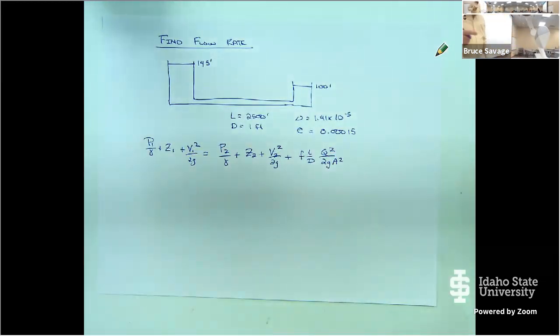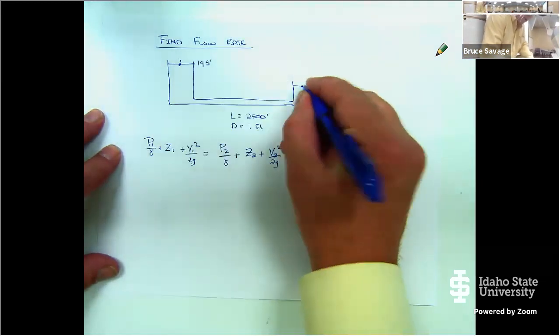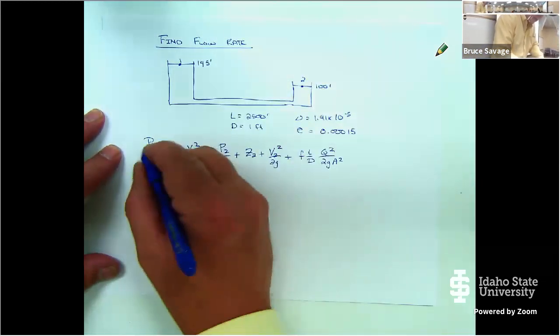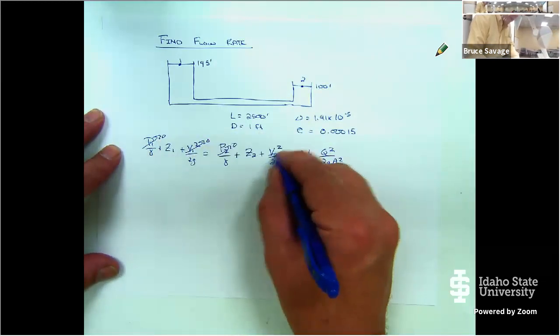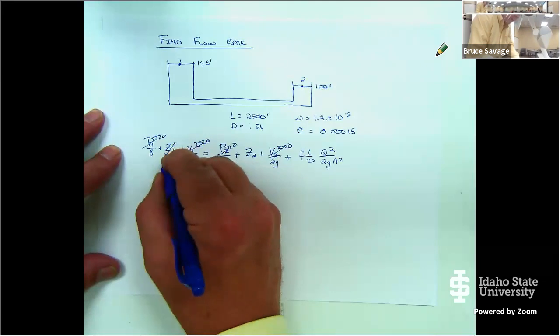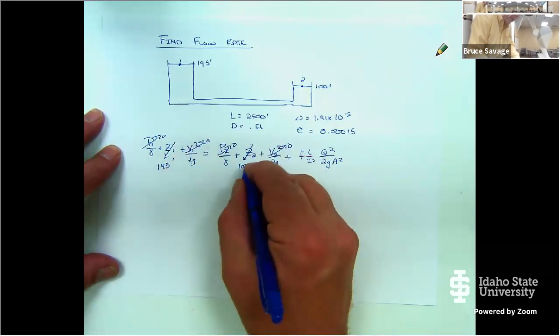Okay, now in the interest of time, I'm going to fly through this pretty fast. We're going to put 1 over the first reservoir, 2 over the second one. As before, all the pressures go to 0, all the velocities go to 0. Z sub 1 goes to 145. Z sub 2 goes to 100.